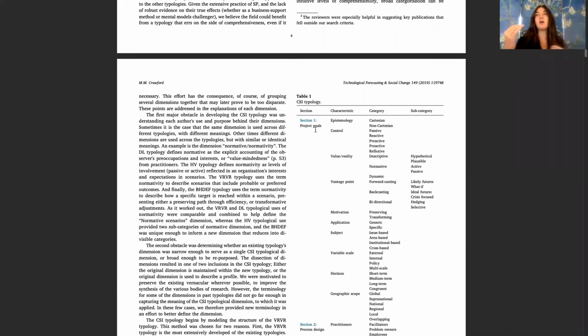Well, if we go back to the very first dimension mentioned on the typology, not that there is a sort of order these must be taken in, it's the epistemological characteristic. We have Cartesian and non-Cartesian, and what that means is the work that's going into this. Does the organization see themselves as an active player in the futures that they will be constructing through a scenario planning intervention?